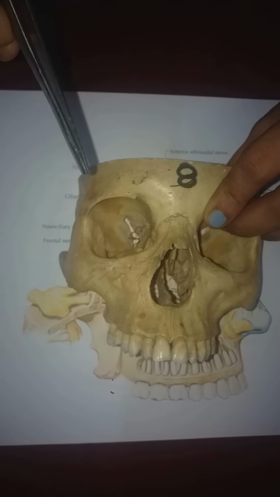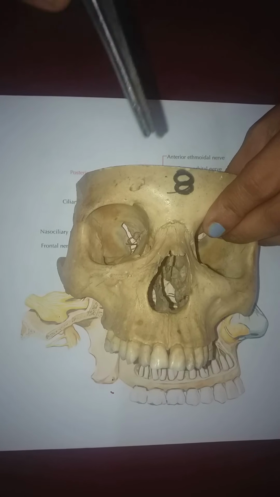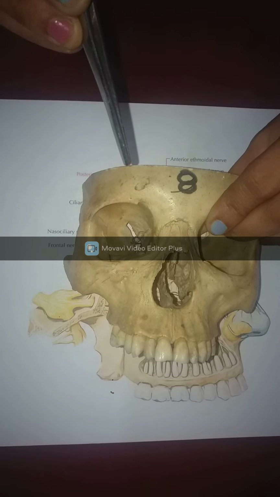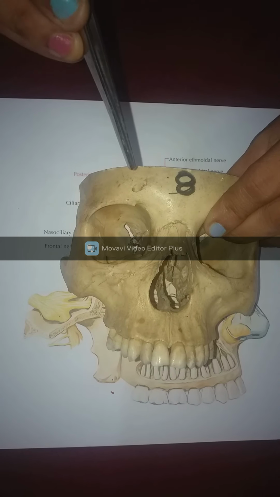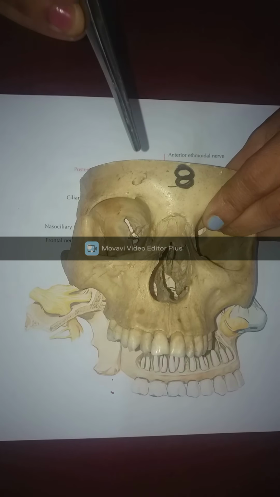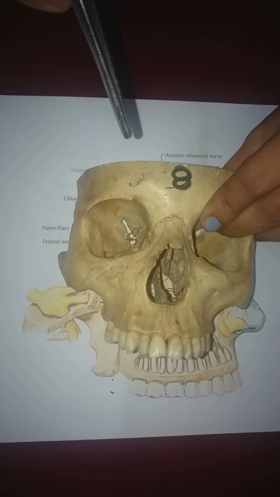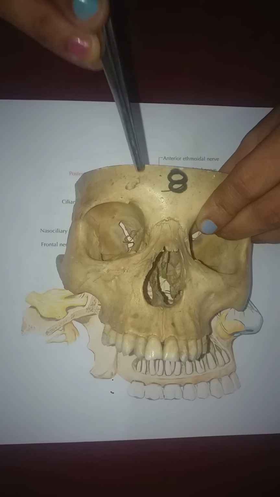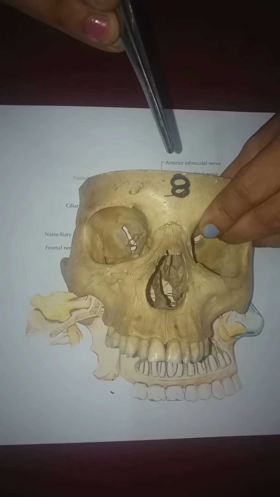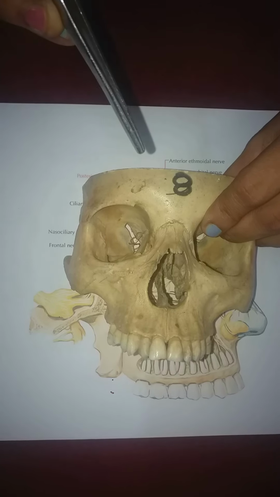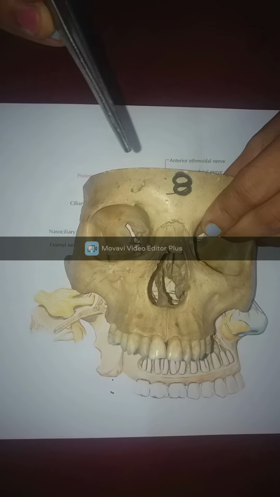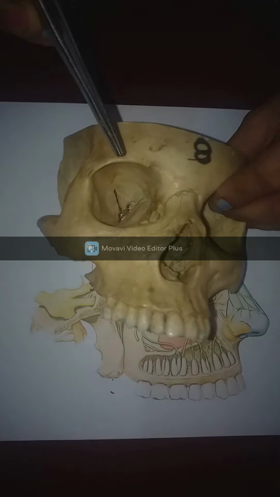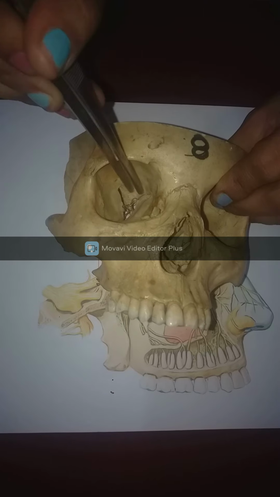And today I want you to take home this lesson, that the ethmoidal nerves, anterior as well as posterior, are the branches of ophthalmic division of trigeminal nerve. They are given in the bony orbit and they pass through the anterior and posterior foramens within the bony orbit.